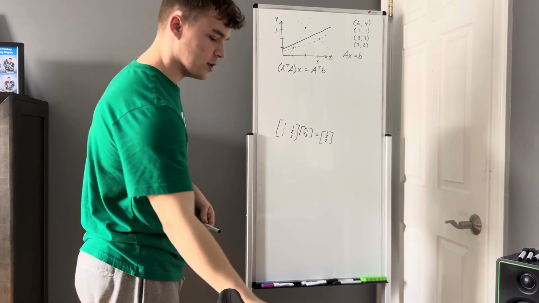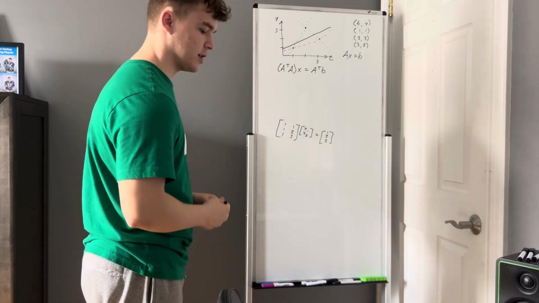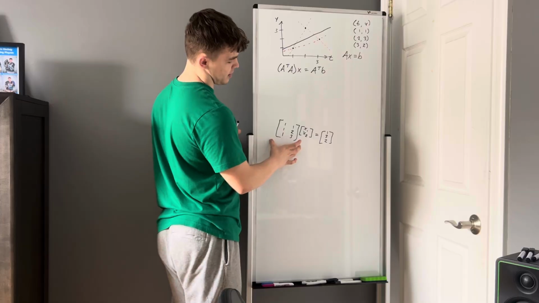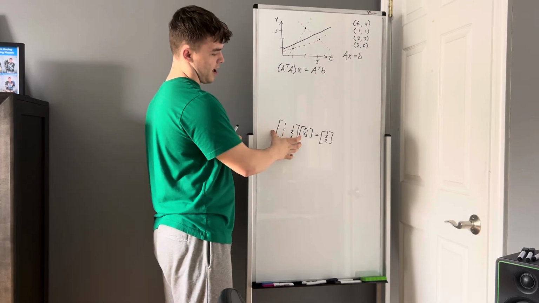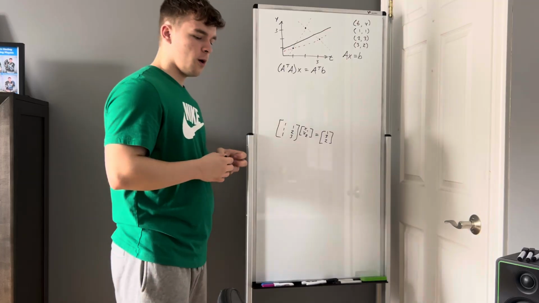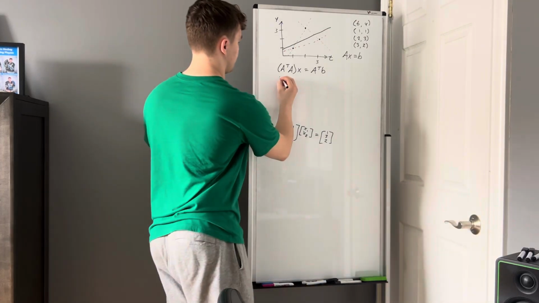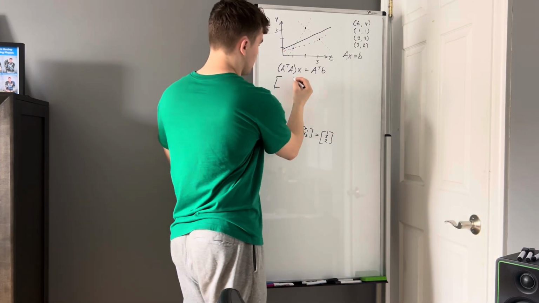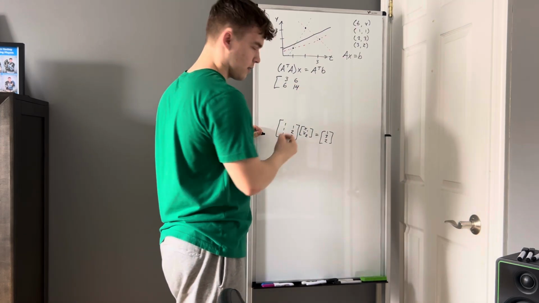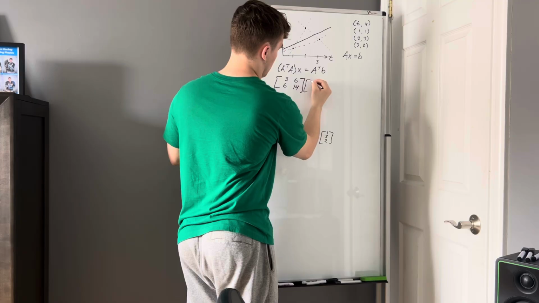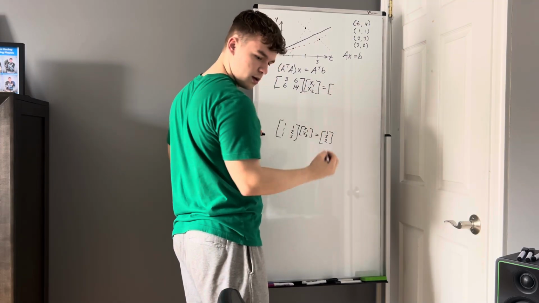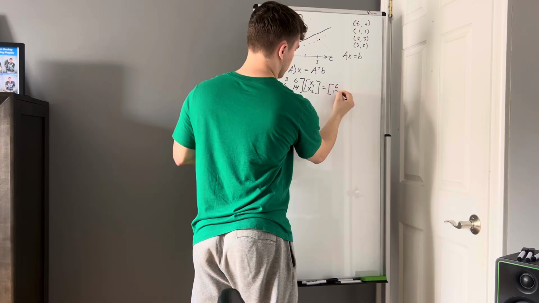But what we're going to do is we're going to times A transposed, which is just the matrix if you basically flip it, by A. We're going to leave our x, and then we're going to times A transpose by b. What we're going to end up with is this. 3, 6, 6, 14, times x1, x2 equals 6, 13.